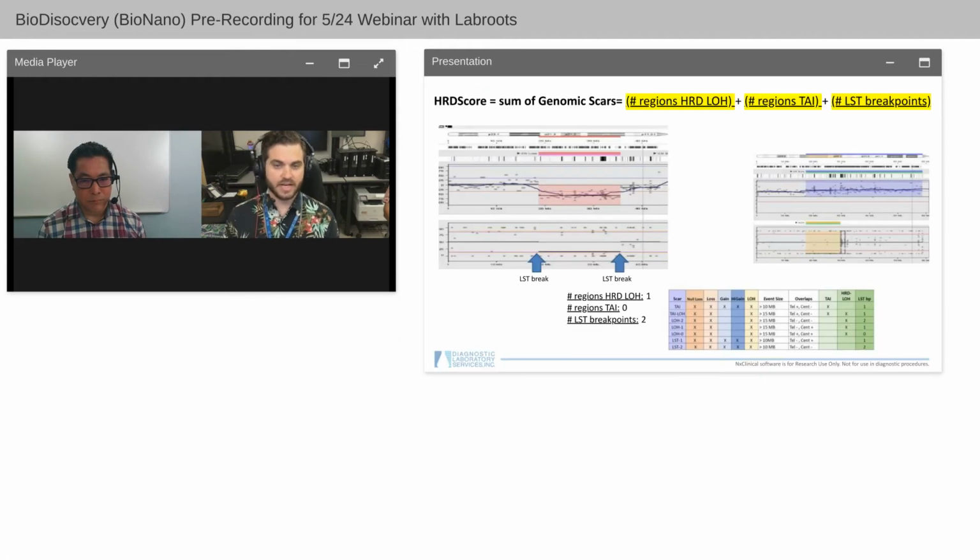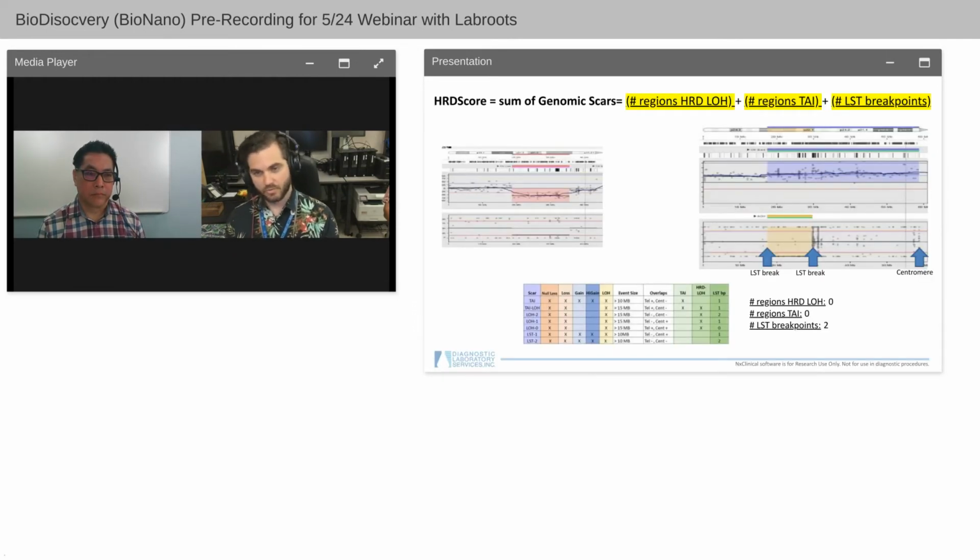I see that on the left, we're going to focus on this one first. And what you see here is the 2 breakpoints and the classification of the HRD LOH. We've seen this slide before, as well as this on the right. We see that there is a gain, and there's also a secondary zygotic event happening.